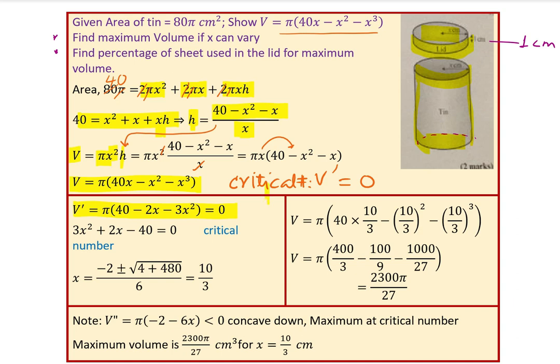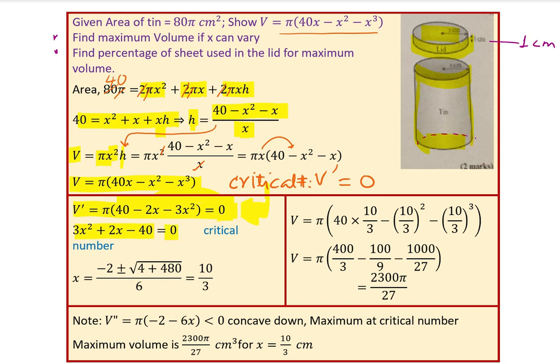Now to find the critical number, we are going to equate this to 0. So that means pi cannot be 0, so the inside term should be 0. Rearranging this with positive coefficients, 3x squared I'm writing first, right? So reverse this order: 3x squared plus 2x minus 40, taking it to the other side, equals 0.